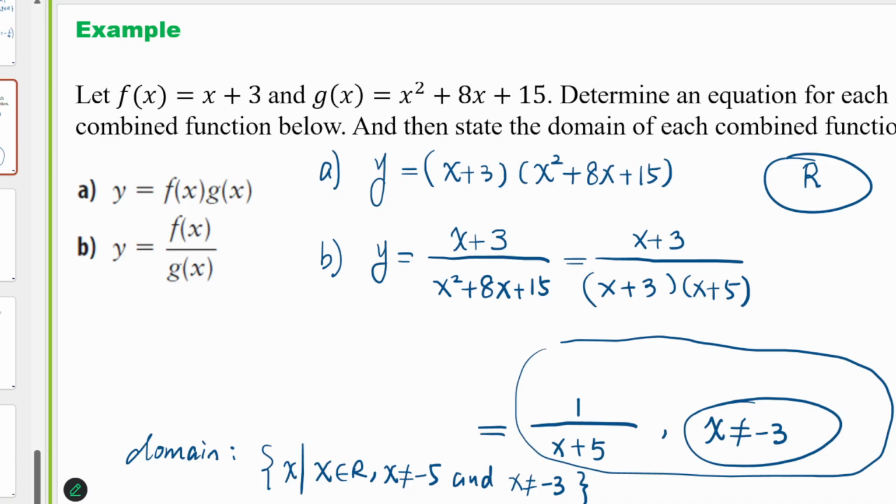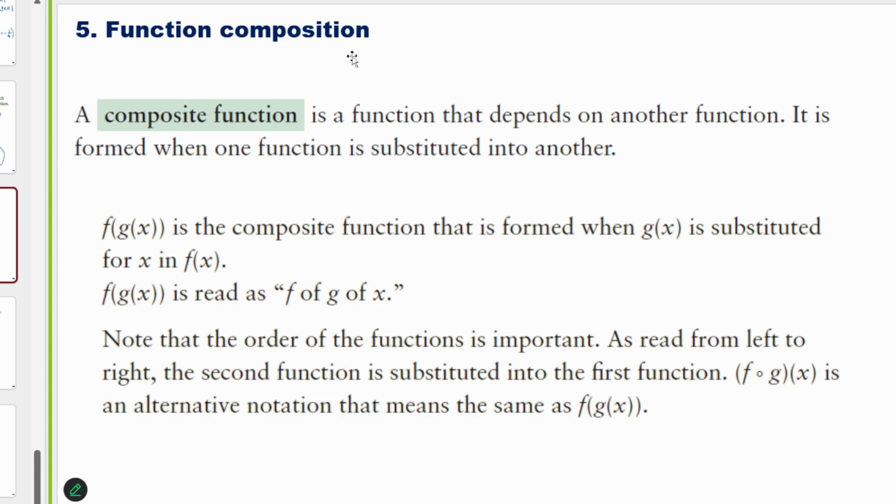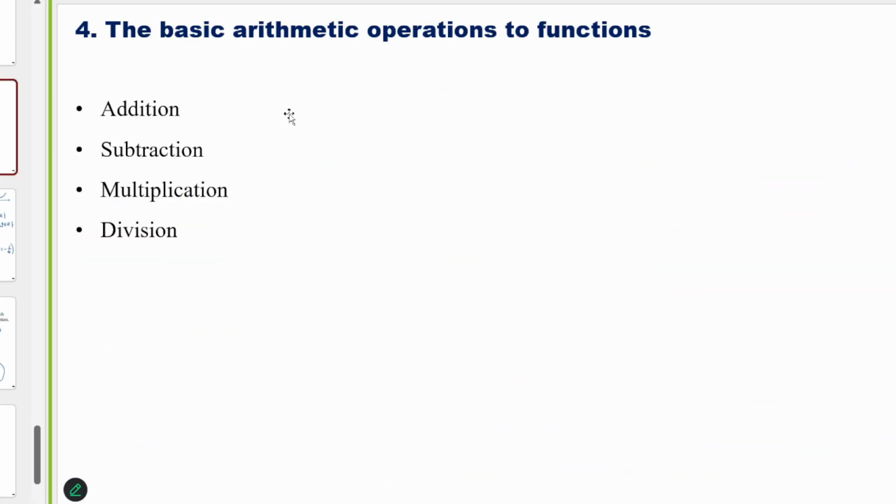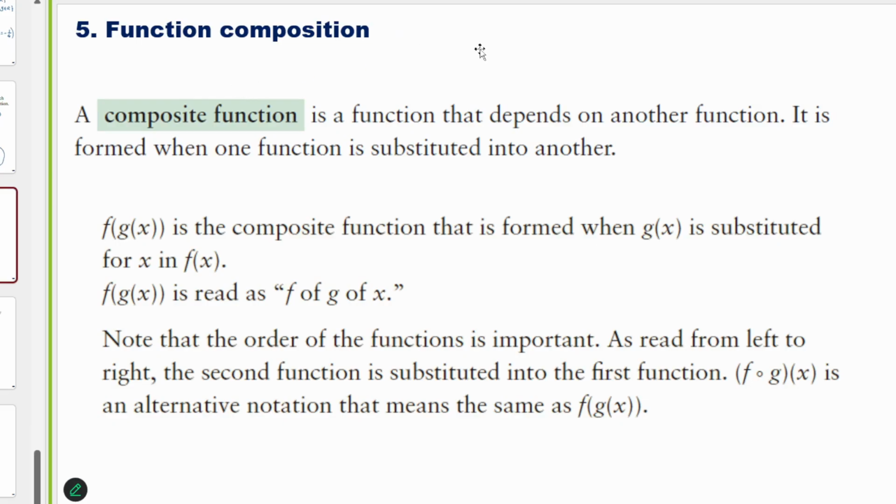Okay, do you have any questions? No. Alright, next let's have a look at the fifth operation we can apply on a function, which is called function composition. Okay, I'll explain this concept a little bit. So probably you haven't heard of that. This is different from the previous 4 operations. These 4 are called arithmetic operations, and the fifth is called composition.